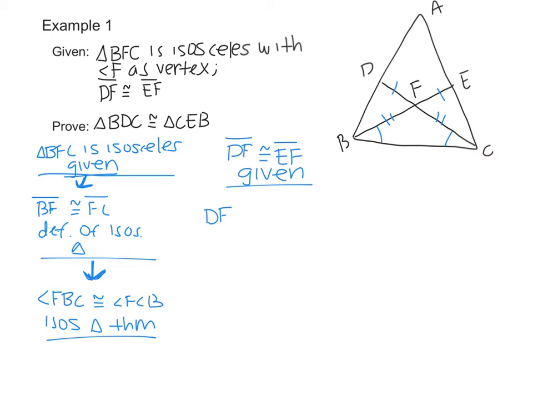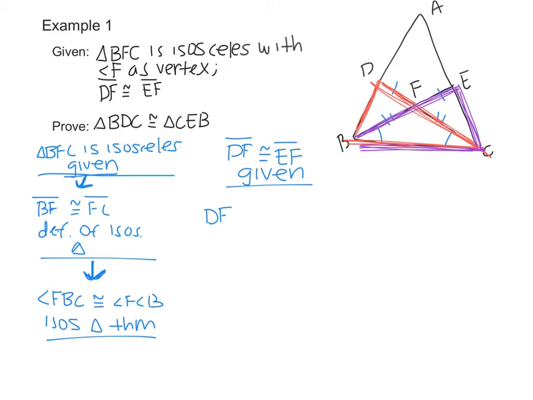Now keep in mind, what we're trying to do is prove that triangle BDC, so this triangle here, is congruent to this triangle here. Okay, so we're trying to prove the red triangle is congruent to the purple triangle.